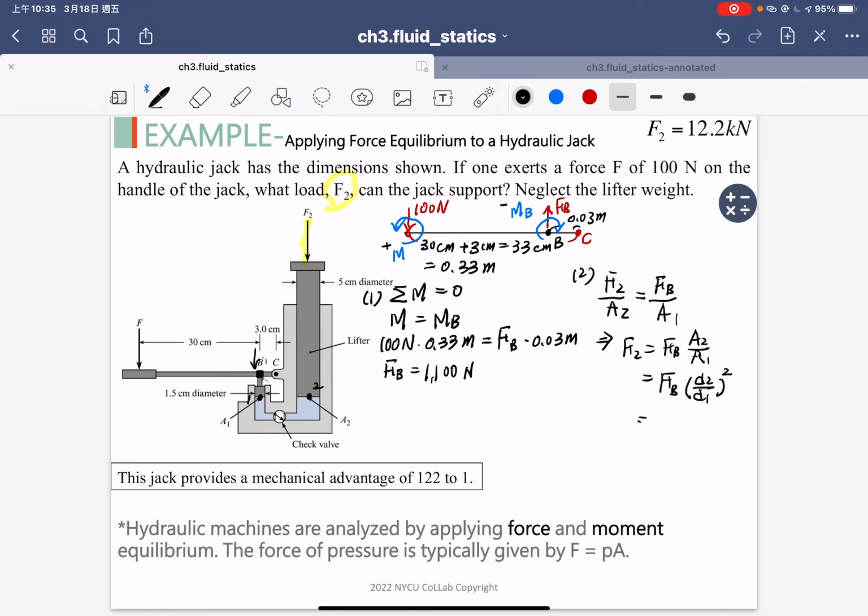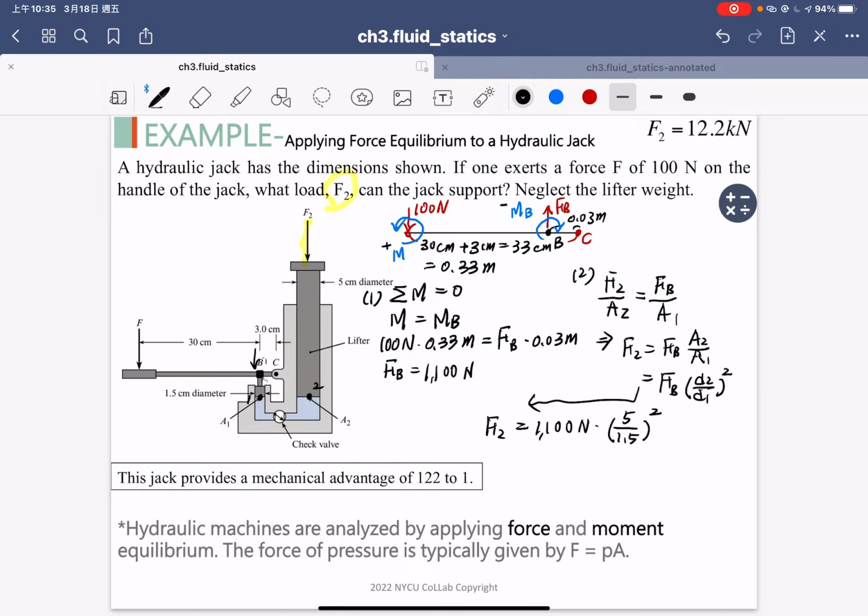So we put the numbers in: F2 is equal to the 1100 Newton FB force, and the ratio here, D2 is 5 centimeters and D1 is 1.5 centimeters, but we have the square because the area is proportional to the diameter squared.